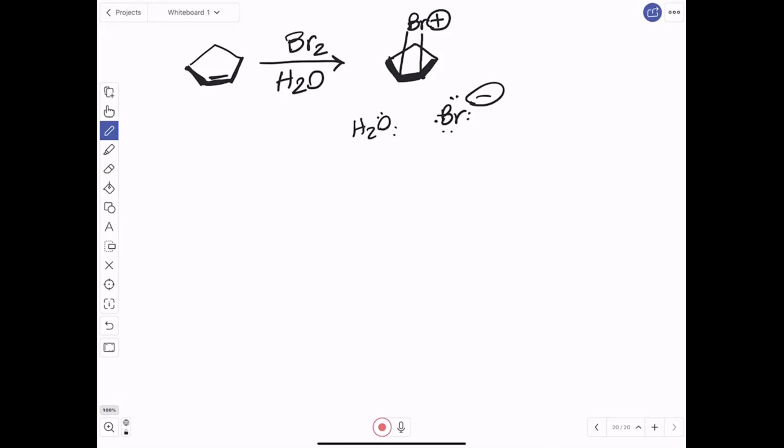Bromide is a better nucleophile, but there are many more H2O molecules than bromide. So which one has a better chance to act as nucleophile? H2O. So in this case, H2O will attack one of the carbons from the opposite side of the bridge, and that bond breaks.